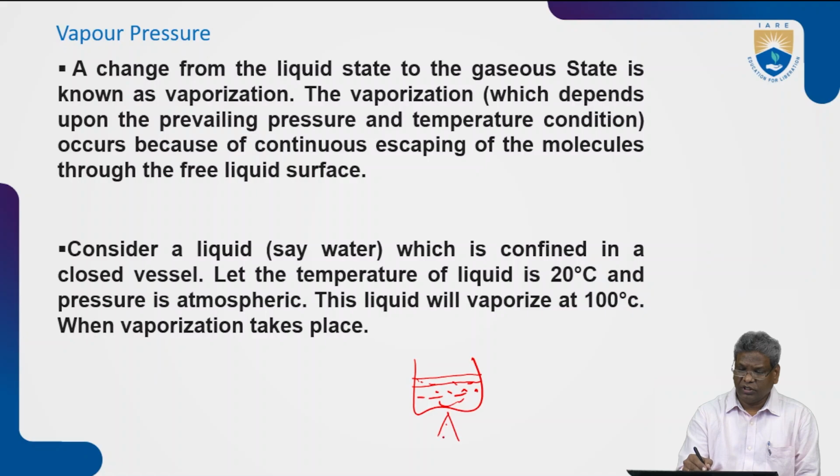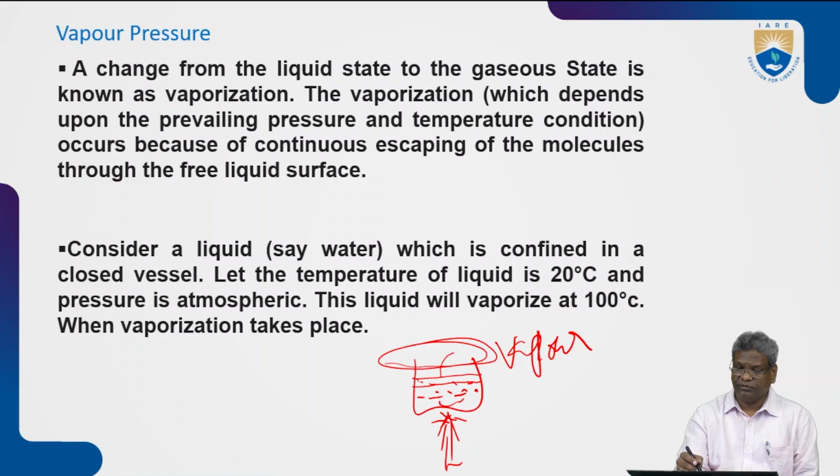If you are giving some heat, the water will boil slowly and convert into vapor. And if you observe practically, you keep some lid or plate on this, this water vapor is trying to lift the plate up.